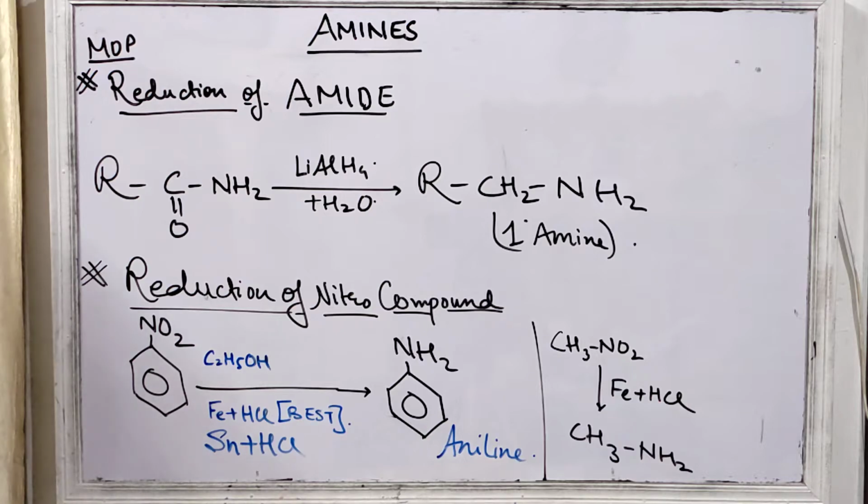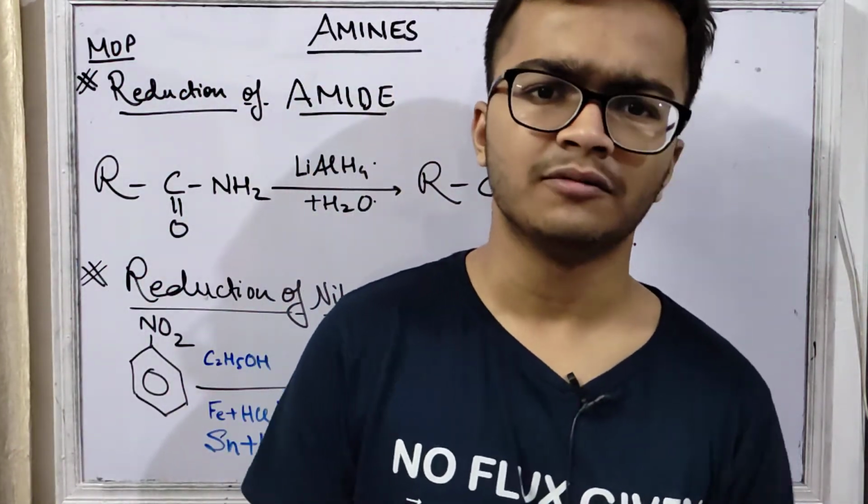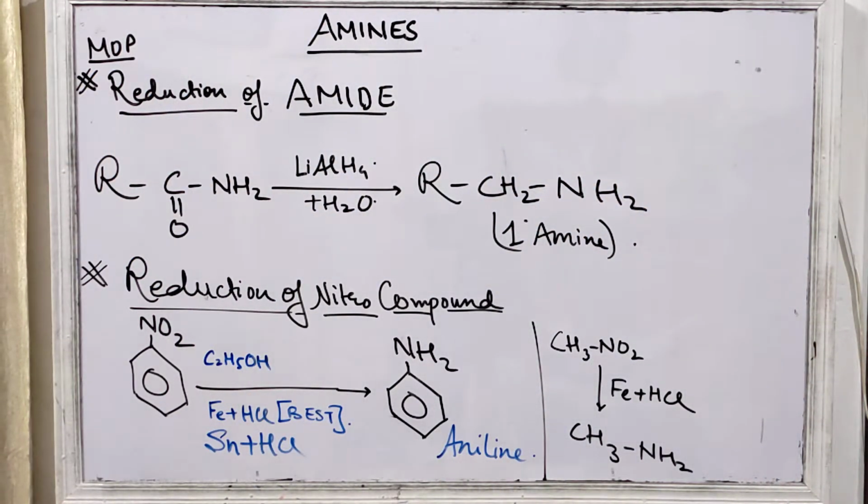After this, we will do the two name reactions, which are the Gabriel phthalimide synthesis and the Hoffmann bromamide synthesis. So, let's copy it. Done? Clear?